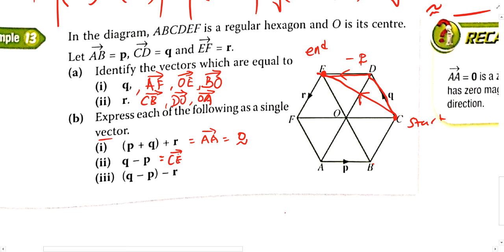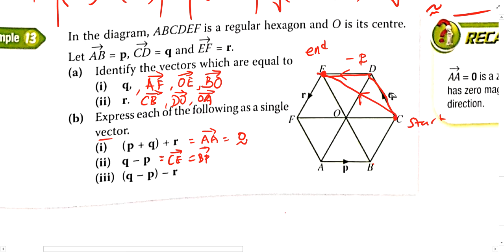Okay? Just for fun, do we have equivalent vectors to CE? What is it? BF, yeah. Can you see? BF is actually the same as CE. If you draw a line, they are the same. So either answer will do.